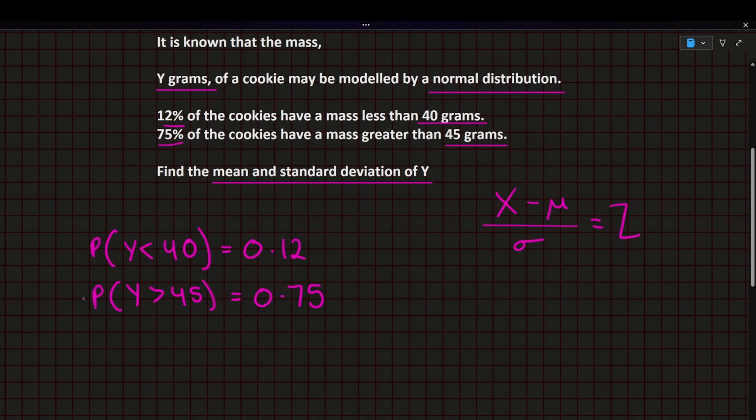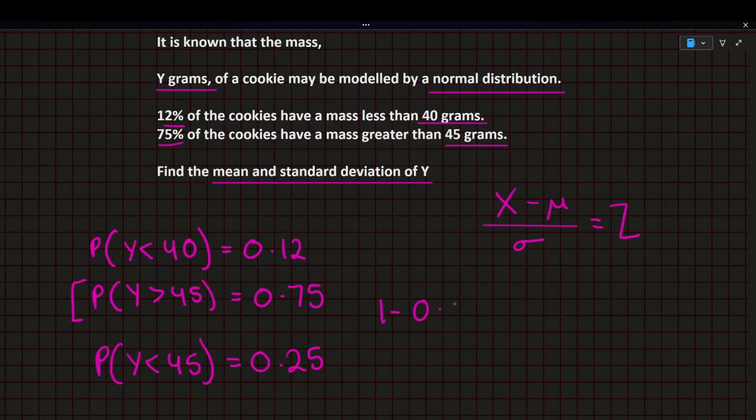Okay, so specifically for this probability over here, because our z-score, when calculating it, is focused on the left tail, we're actually going to have to write it out as the probability that y is less than 45 is 0.25. And that's how it works in our calculator. Of course this makes sense, because it's just 1 minus 0.75.